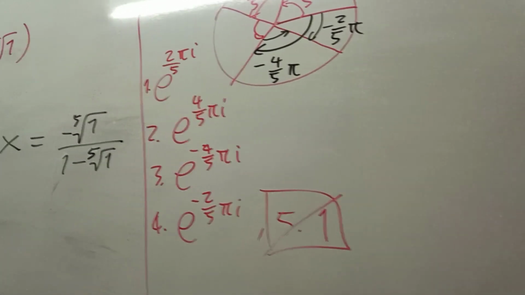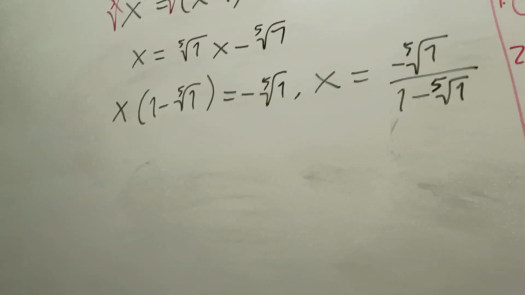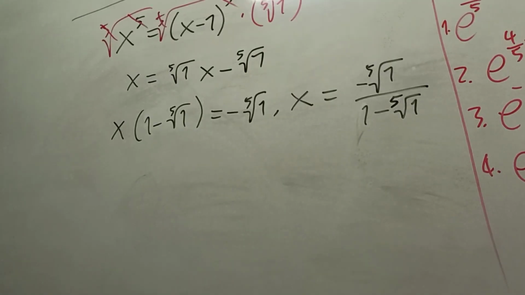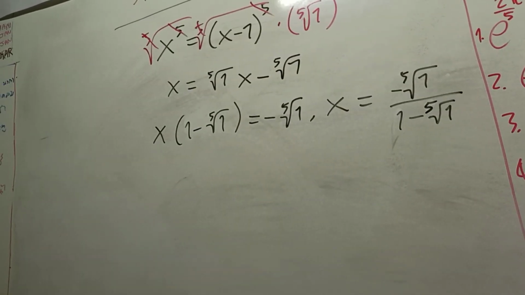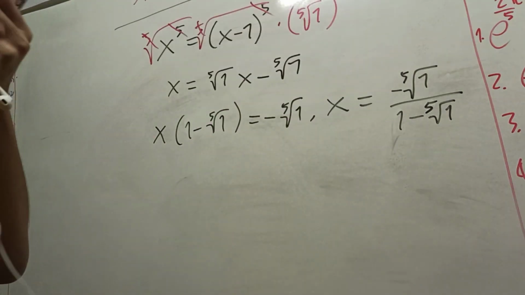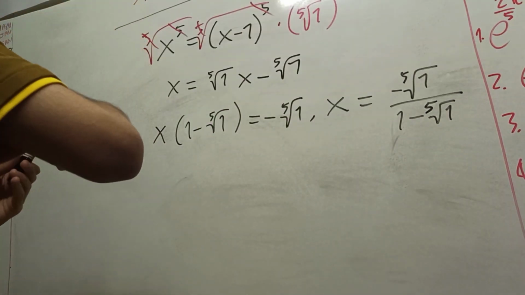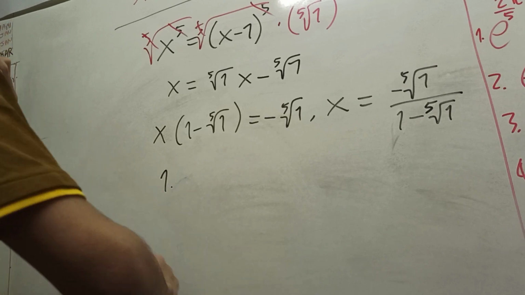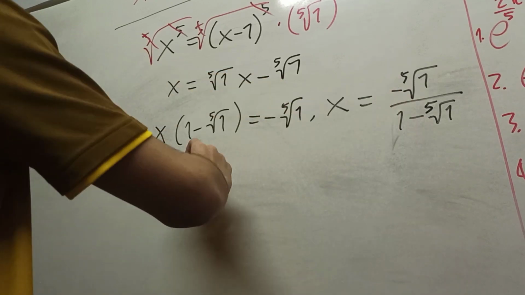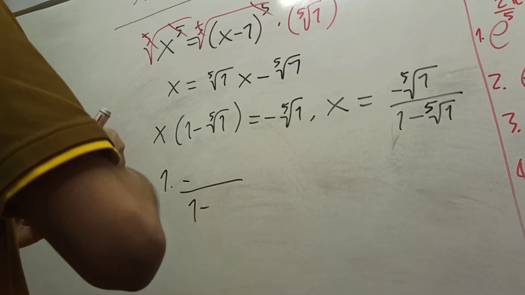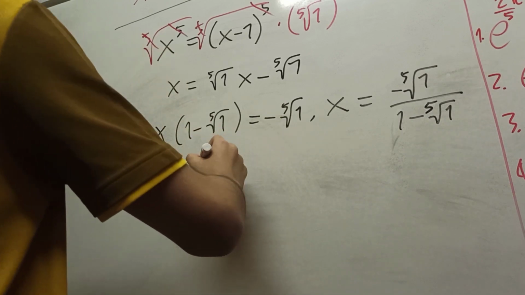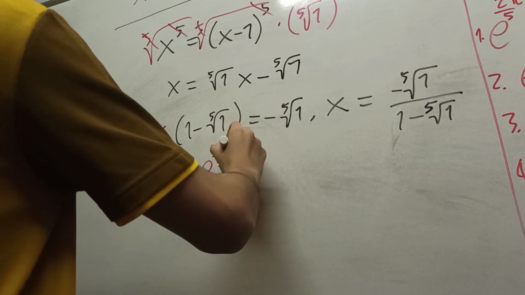So let me substitute them back in here again. Okay, so yes, we will substitute the fifth roots of 1 back in with those directions that I have. So first solution we have right here, minus, and then over 1 minus, and then we have e to the 2 over 5 pi i.